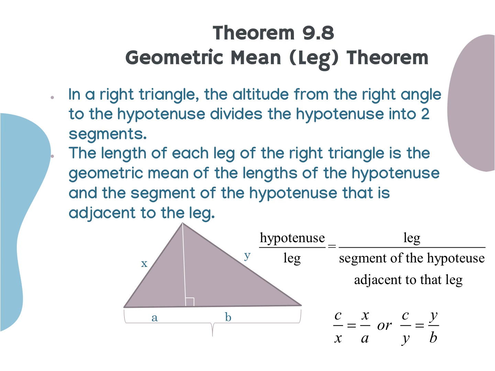Now, here we have theorem 9.8, which is the geometric mean, but instead of with the hypotenuse, with the leg. So in a right triangle, the altitude from the right angle to the hypotenuse divides the hypotenuse into two segments. So a and b are segment 1 and segment 2 from the previous slide. And the length of each leg of the right triangle is a geometric mean of the length of the hypotenuse and the segment of the hypotenuse that is adjacent to the leg.